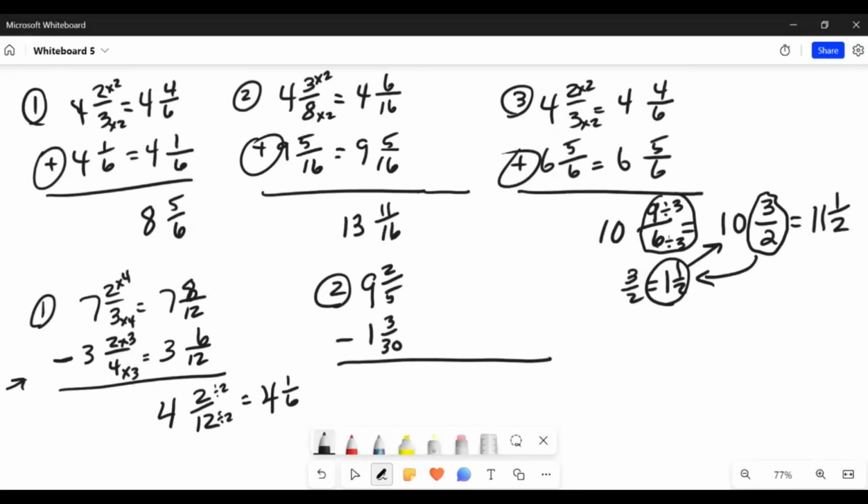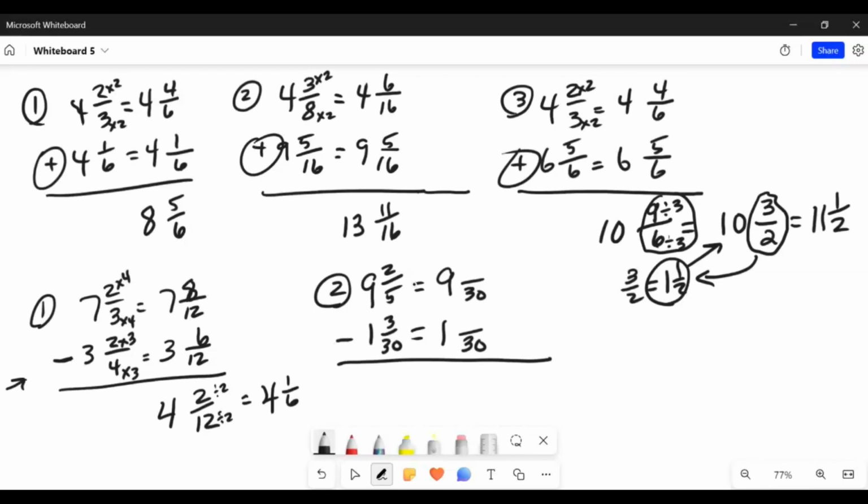So we're looking for the smallest number that 5 and 30 go into. Okay, so yes, the correct answer, we're looking to change these into 30ths.